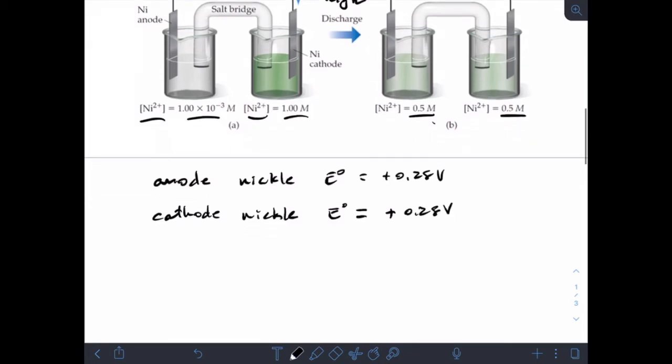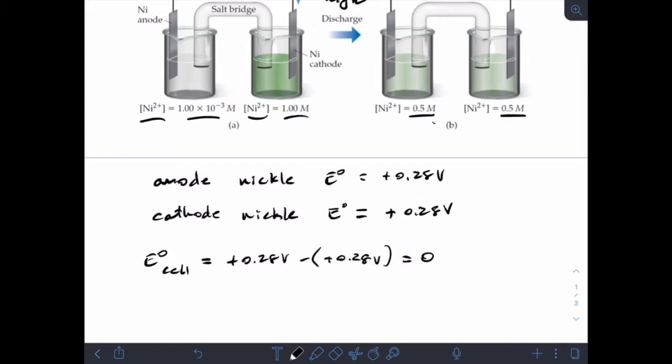All right, so if I calculate E cell normally, which is totally cool to do, I'm going to have plus 0.28 volts minus plus 0.28 volts equals 0.